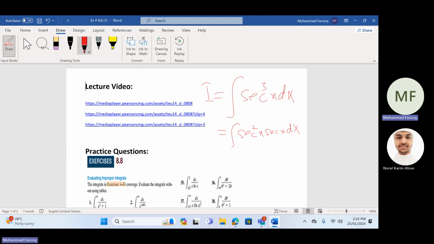First secant x, second secant squared x, because its integration is easy. So secant squared is the second function and secant x is the first function. When you use by parts, again it comes up with secant cubed, so you put I and break the loop.